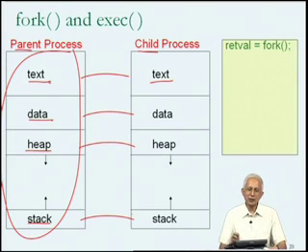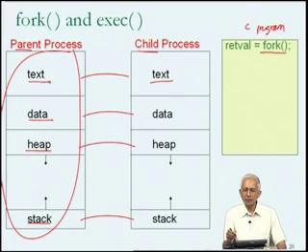Now, how do I actually set this up? Let's look at a C program in which I'm calling fork and exec. So the yellow object on the right is some extract from my C program. So the way that I call fork is by calling fork as a function in this way. Once again, when I use fork in this form inside a C program, it is conceivable that I'm not actually making the system call directly, but I'm calling a function called fork which will make the system call on my behalf.